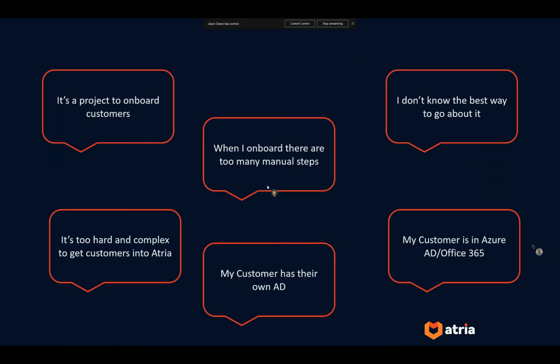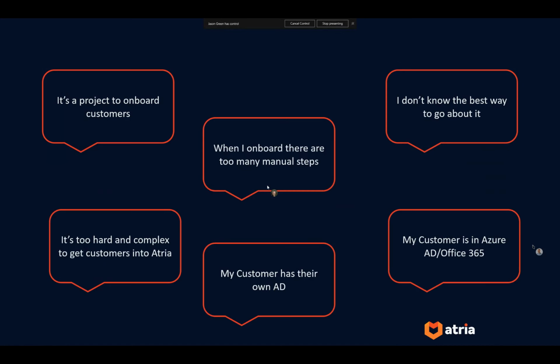If you're using Atria and you're trying to onboard customers into Atria, it's hard to know what tool to use, when to use the tool, and if you do have a tool that you like using, am I using it the best way possible, or am I missing things? And for a lot of you, actually just getting customers into Atria is pretty complex and pretty difficult.